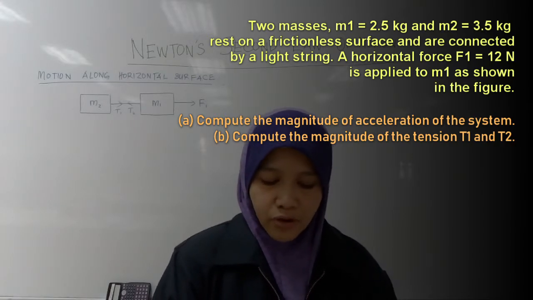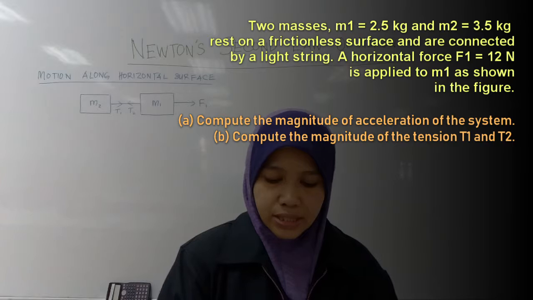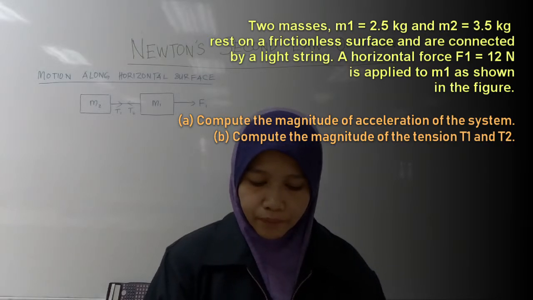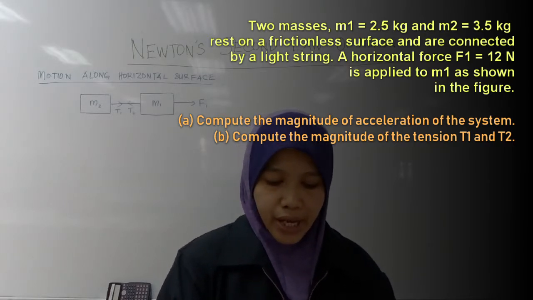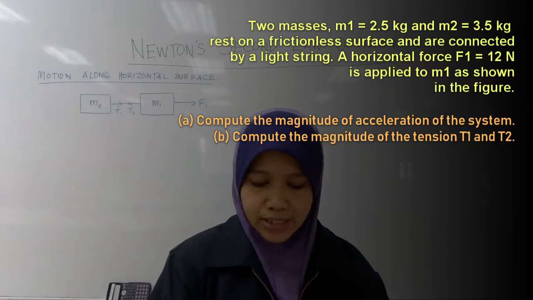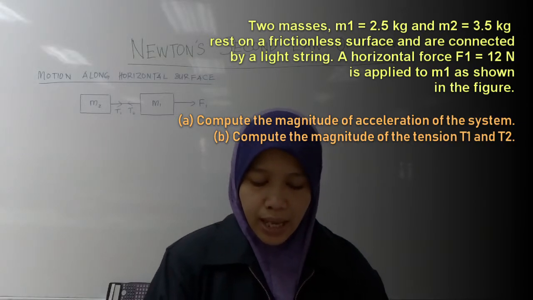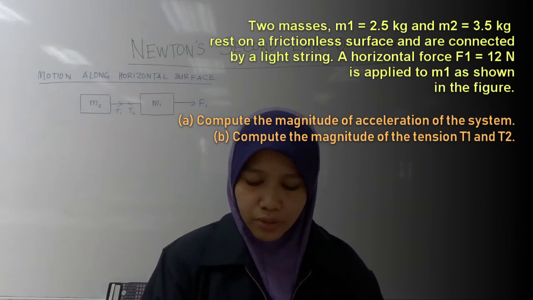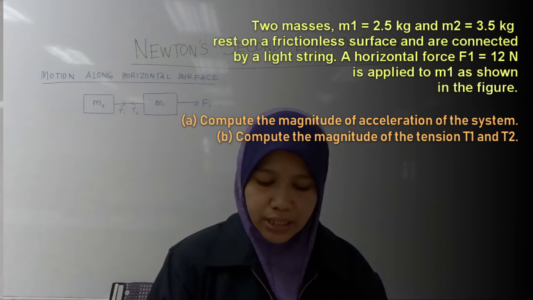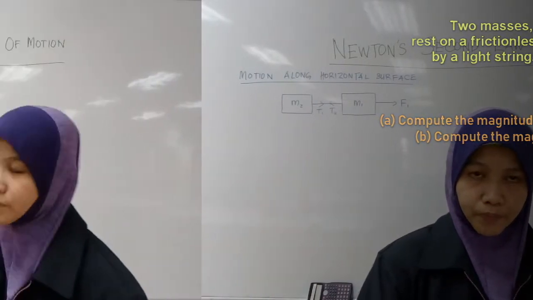A horizontal force F1 of 12 Newton is applied to M1. First, A: compute the magnitude of acceleration of the system, and B: compute the magnitude of the tensions T1 and T2.